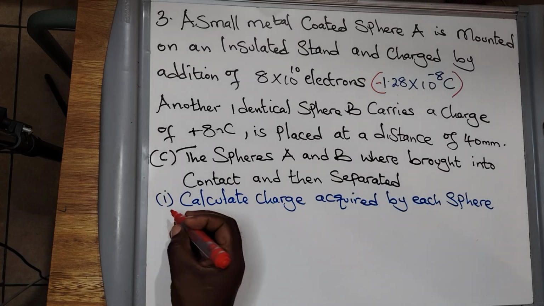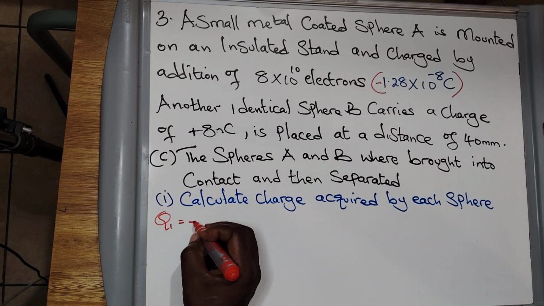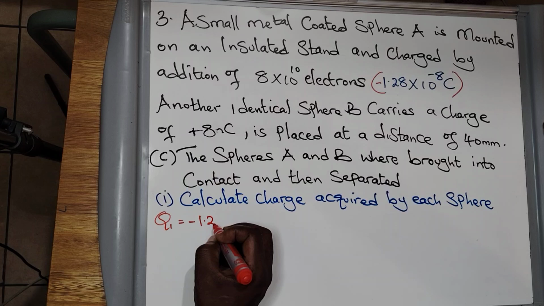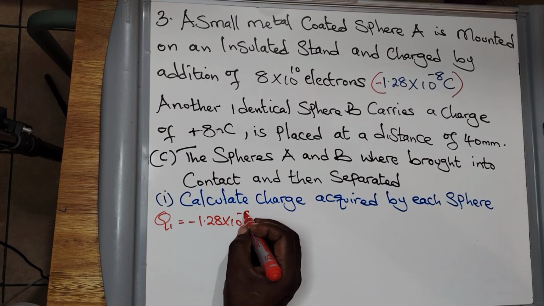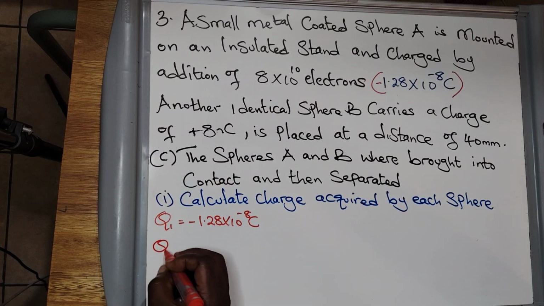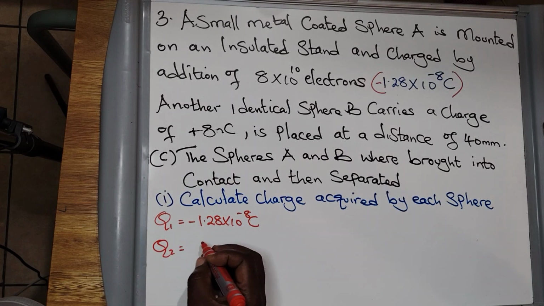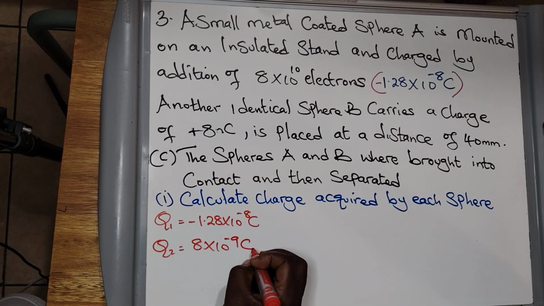So you have to remember here that the charge Q1 is negative 1.28 times 10 power minus 8 coulomb, and the charge on Q2 is 8 times 10 power minus 9 coulomb.